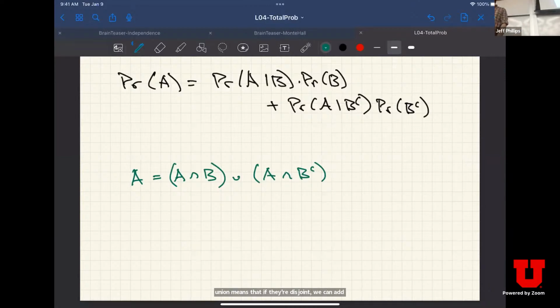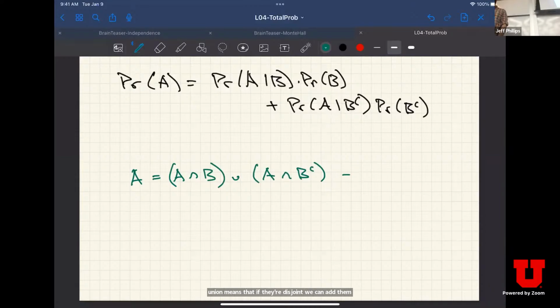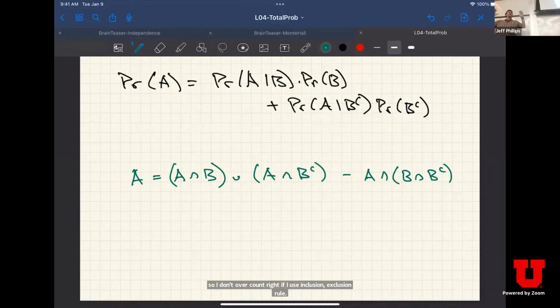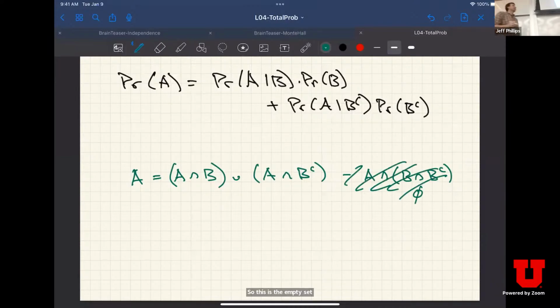If they're not disjoint, I should also subtract off the probability of A intersect B intersect B complement, so I don't overcount, using the inclusion-exclusion rule. But that last term, B intersect B complement, is the empty set because they're disjoint, so I can ignore it. If that helps for thinking from a set perspective, then great.